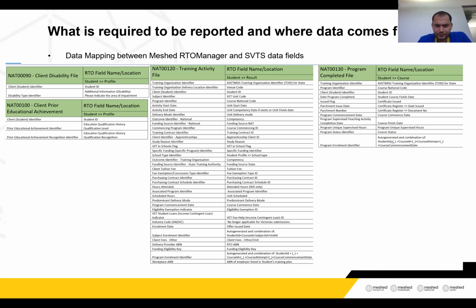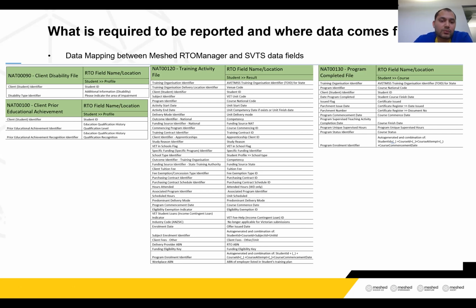Okay. Now, some of the information is common. Here you can find the unit start date, unit finish date or competency date, delivery mode, outcome identifier, funding source, commencement ID, training contract and apprenticeship ID. Whatever information you have recorded under manage unit enrollment or your update admits value section will be pulled together to make NAT 120.